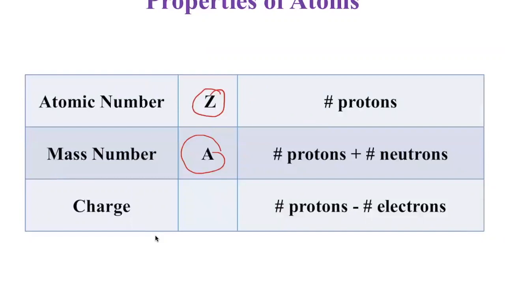So if I tell you I have calcium, you know how many protons it has, because if you look at the atomic number, it's 20. If I tell you calcium has 18 electrons, what is the charge? Well, 20 minus 18 equals +2. So we're going to represent it like that.